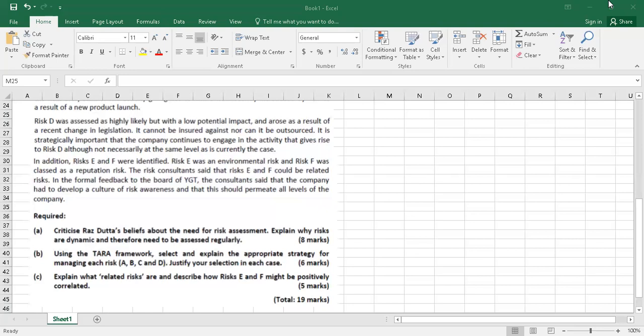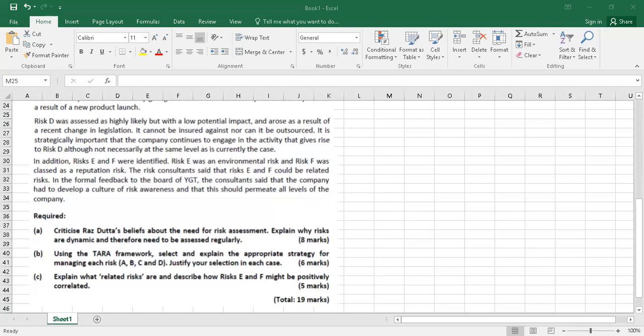So we cannot go with the opinion of Raj Datta. We cannot write that all Raj Datta says is correct. The question is not asking you to give your opinion, it is asking straight away to criticize Raj Datta's opinion. So you have to take that critical tone about the need for risk assessment, and explain why risks are dynamic and therefore need to be assessed regularly. It's 8 marks, about 40% of the marks allotted to this particular question.